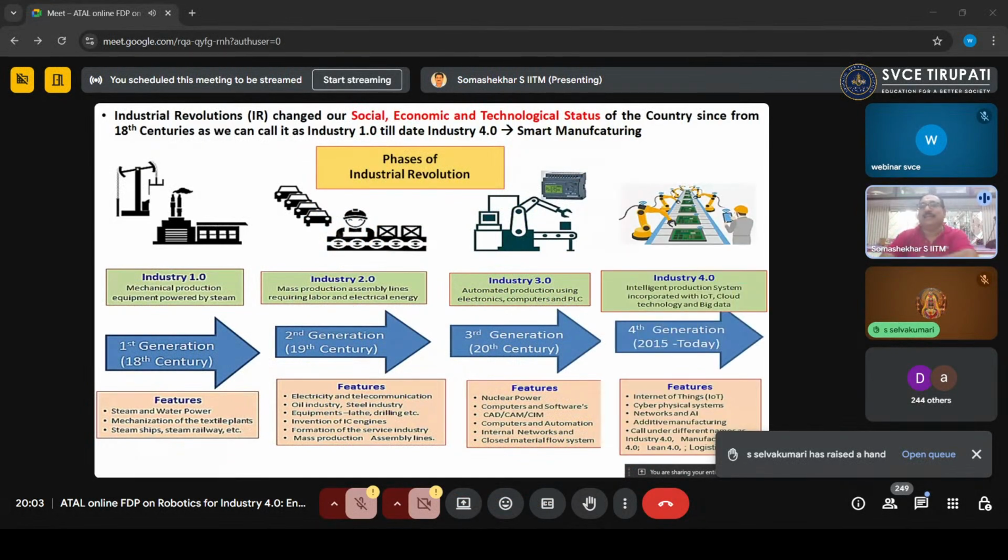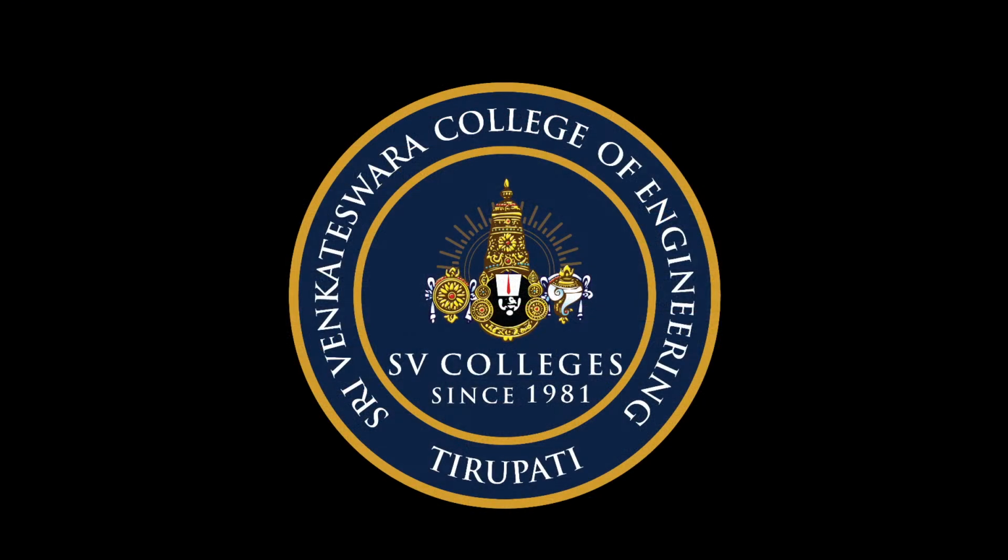Later, what happens in Industry 4.0, what you can call an intelligent production system, incorporating the IoT, cloud technology, big data, which we can call 2015 onwards, Germany, US, China, along with that, all the machine tools or whatever we will call agents.